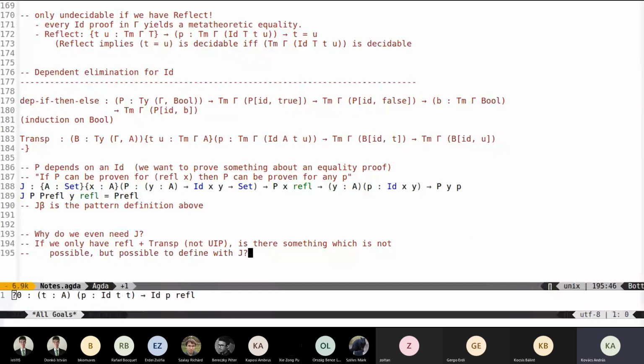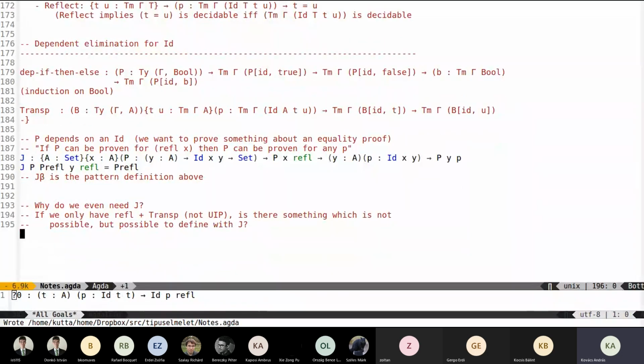Yeah, so do you have any ideas? So when is a situation in intensional type theory when I want to prove something which depends on an equality proof?